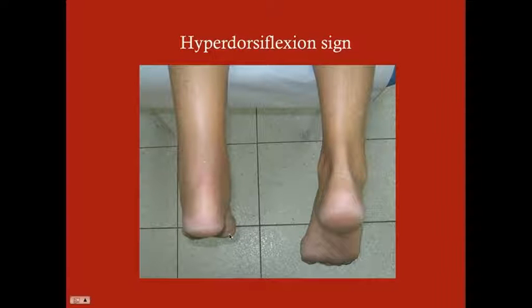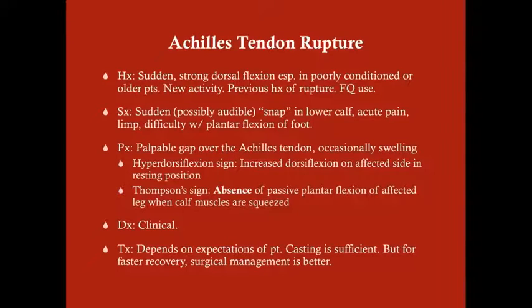But if you don't get plantar flexion, that points you towards the tendon not working. So if you're not getting passive plantar flexion while pressing on the calves, that's considered a positive Thompson sign, because it's an absence of passive plantar flexion of the affected leg when the calf muscles are squeezed.